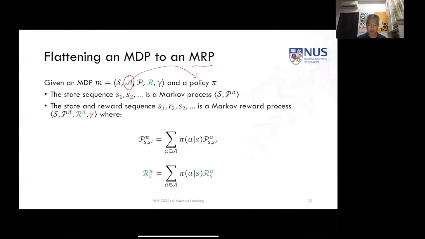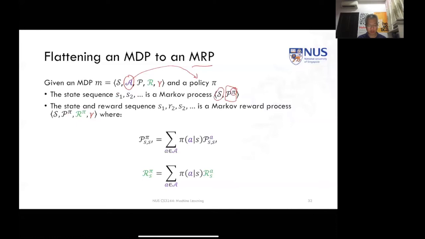So we have a state sequence S1 all the way through Sn. We're going to encode that in this vector, a script S, and we're going to have a transition matrix P, but it's now going to be predicated on our policy. That changes the way we calculate our state transition matrix and our reward process, factoring in what we would do given the policy.